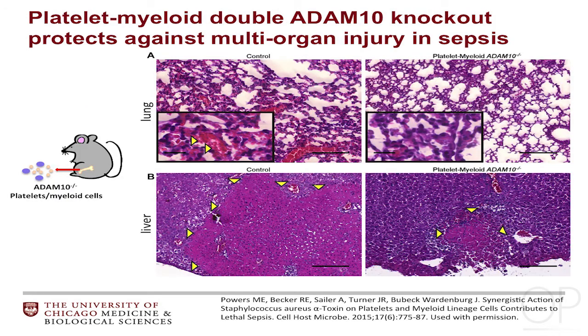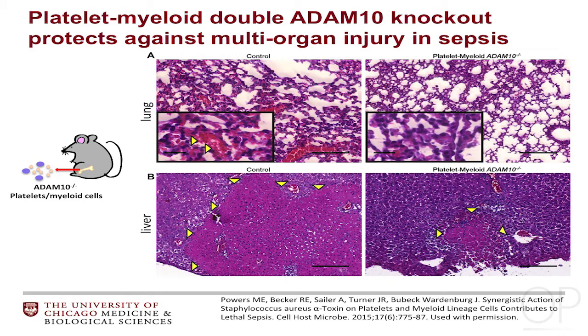So we were interested in understanding how this platelet-neutrophil interaction during the course of infection may contribute to tissue-mediated disease, and then map onto the organ-mediated disease that's so common in sepsis. To address this question, we generated animals that lack ADAM10 expression on both their platelets and their myeloid lineage cells.